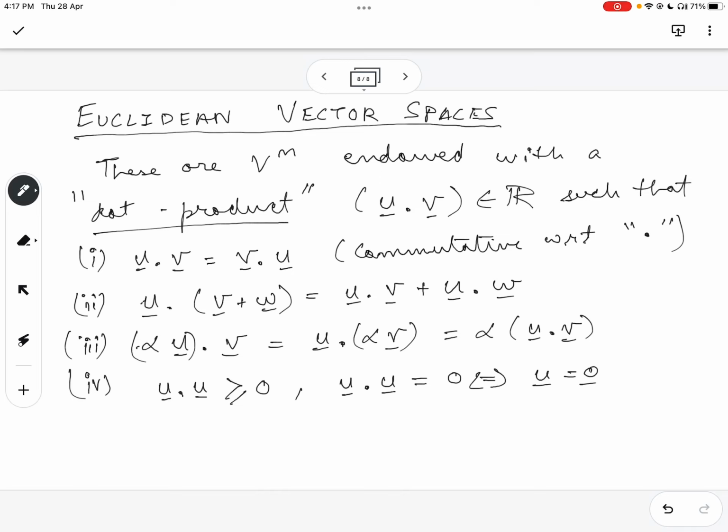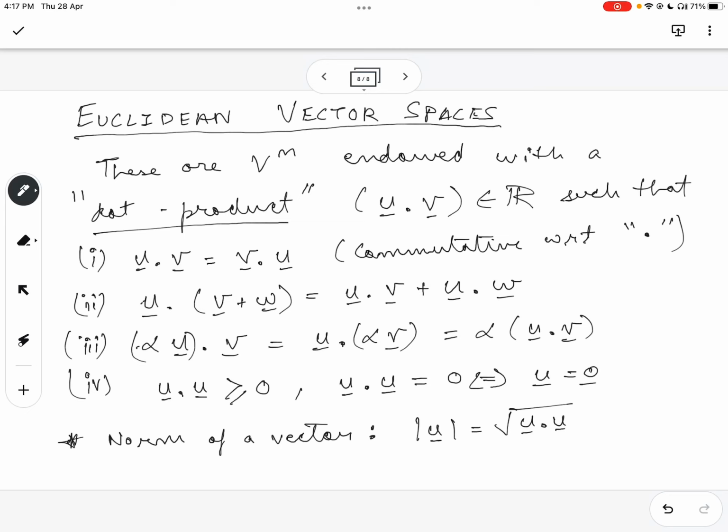We'll define a few important quantities associated with the dot product. First is the norm of a vector. In 3D space we know that the norm of u is the square root of u dot u, the dot product of the vector with itself.